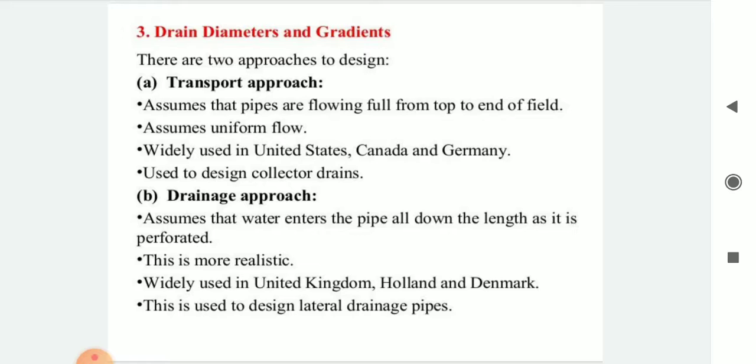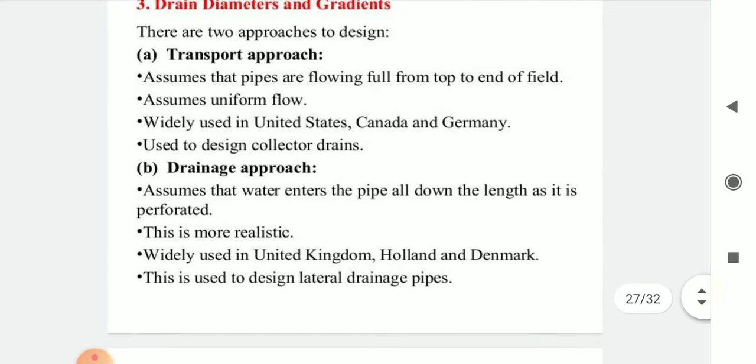In the drainage approach, we assume that water enters the pipe all down its length as it is perforated. This is more realistic, is widely used in the United Kingdom, Holland and Denmark, and is used to design lateral drainage pipes.